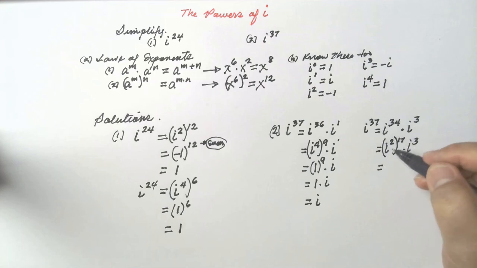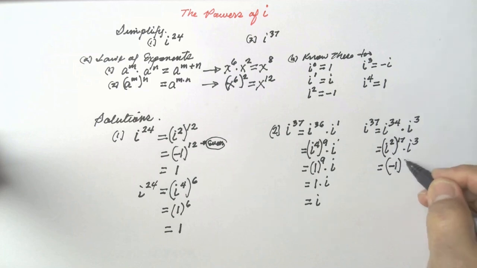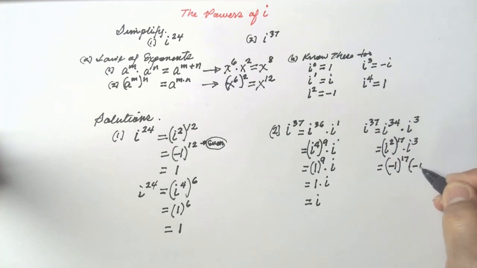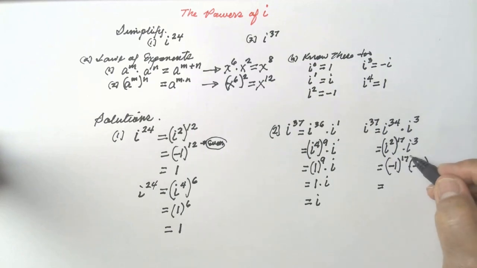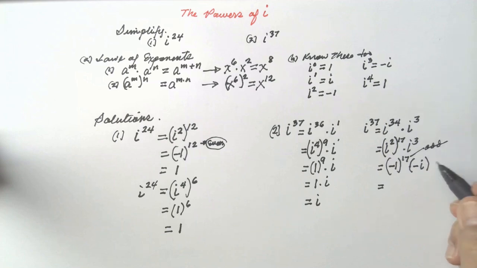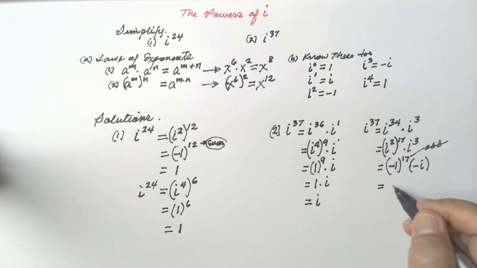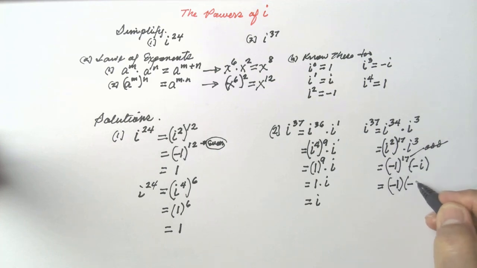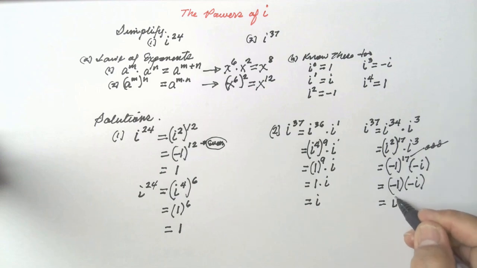But I square is negative 1, so we can replace it by negative 1 raised to 17 times I cube. But what is I cube? It is negative I, so we can replace it by negative I. Now this is an odd number. If a negative number is raised to an odd number, the answer is negative. So this is negative 1 times negative I. Negative times negative is positive, so this is now I.